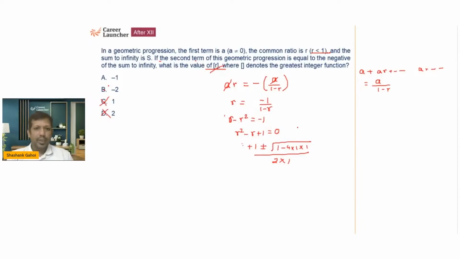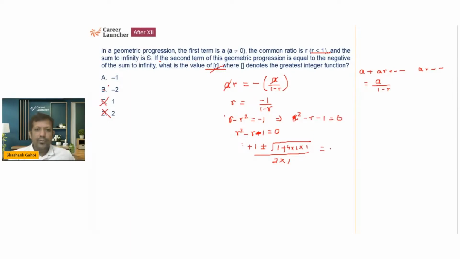Did I make a mistake somewhere? So this is the mistake I've made. If I take it to this side, I'm going to get R square minus R minus 1. So it is going to be plus.